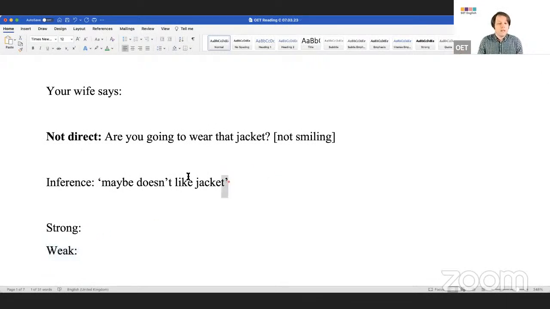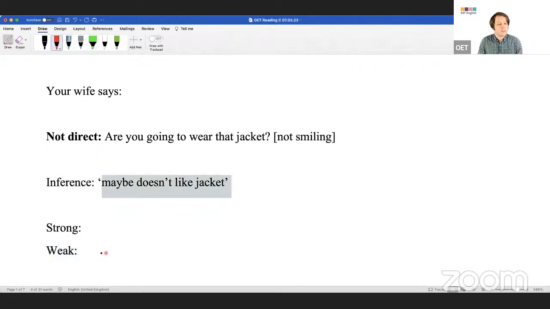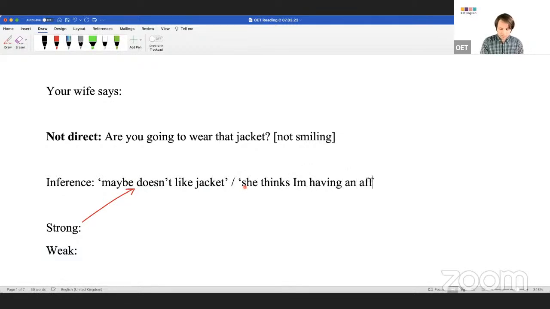So, what do you think with this one, guys? Maybe she doesn't like the jacket. Is that a weak inference or a strong inference? Strong. That's probably what it means, certainly in UK culture. That would be strong. What about this though? She thinks I'm having an affair. Is that a strong inference or a weak one?